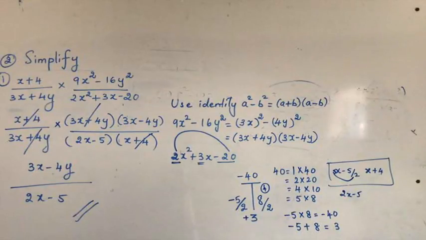I hope the sum is clear to you, children. So we have completed the first subpart from question number 2. Now you will try out the second subpart from question number 2 as your homework.